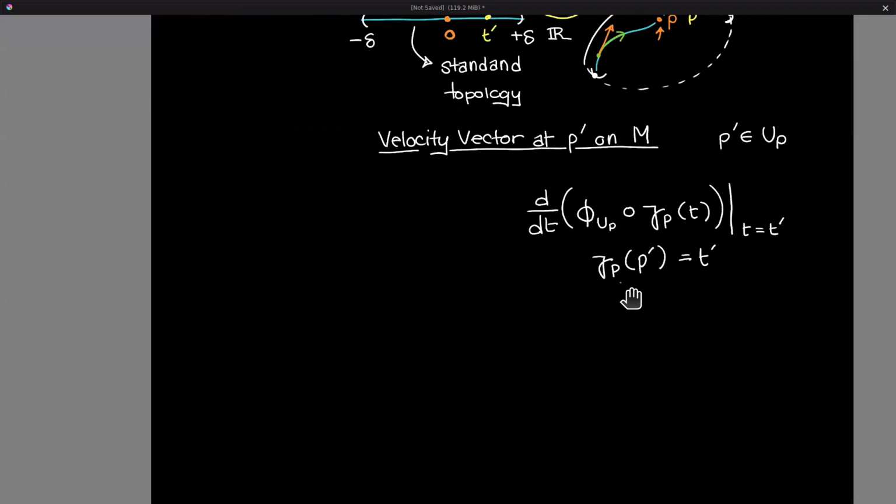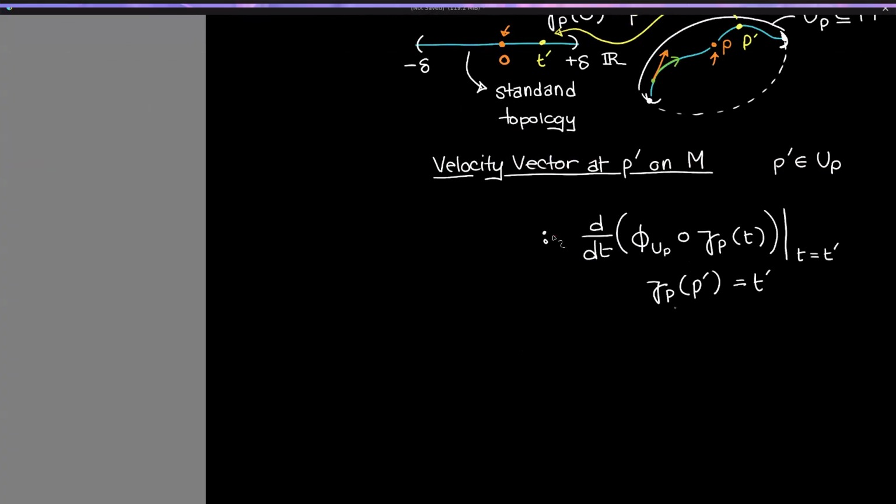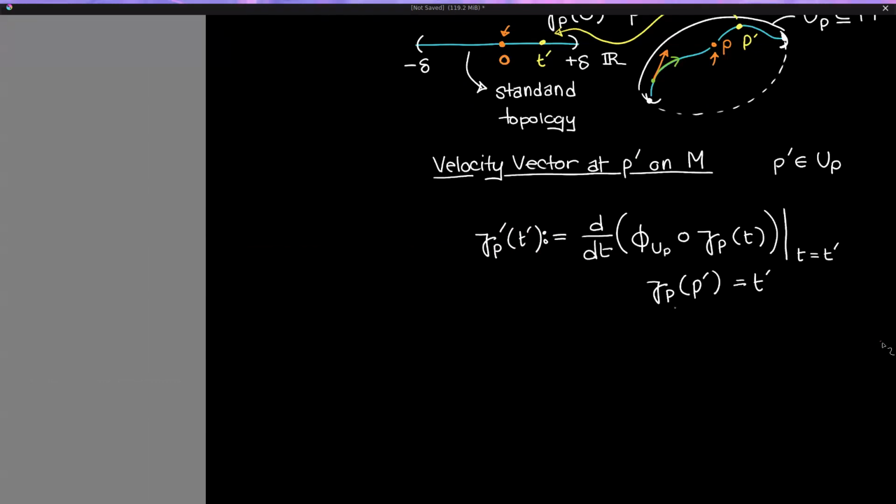From here, we just define that this is what it means for gamma p to have a derivative. So this is gamma p prime of t prime, or you could call that d gamma p dt.